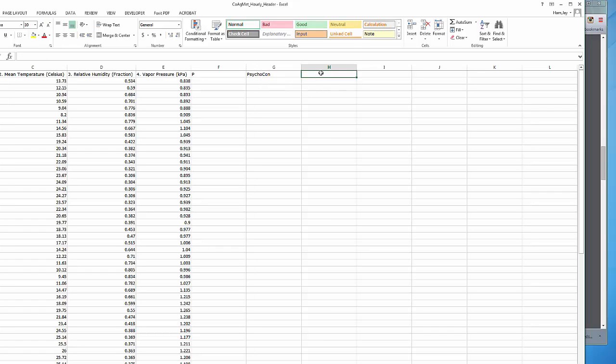We're going to need to calculate the dew point temperature. We're going to need to calculate the average of the wet bulb and the dew point temperature, which I'm just going to abbreviate as follows. We're going to need to get the saturation vapor pressure at that average.